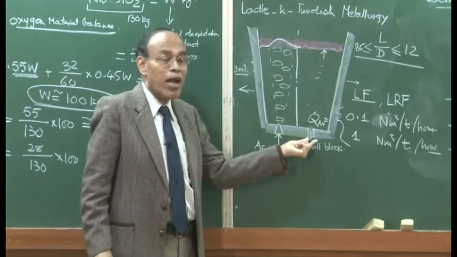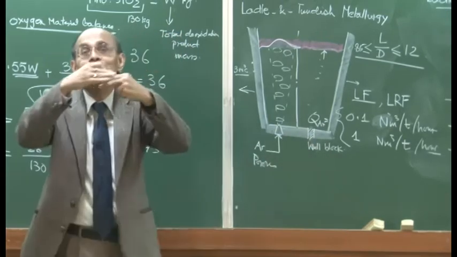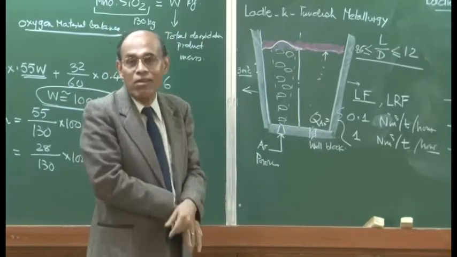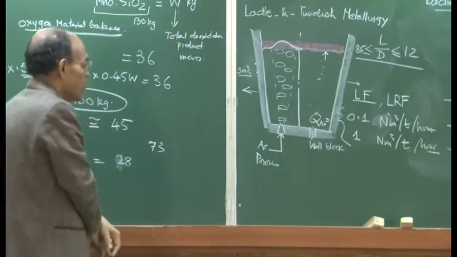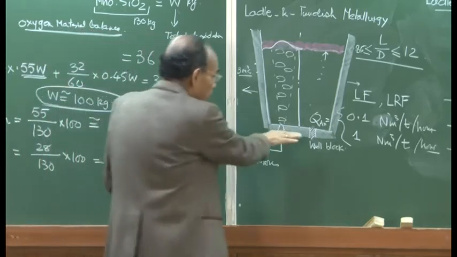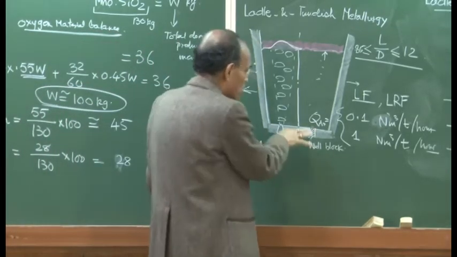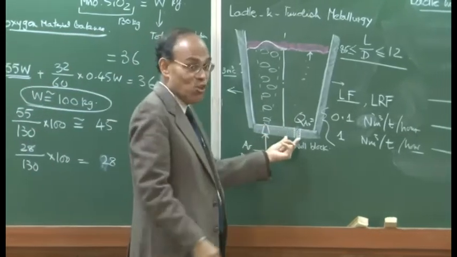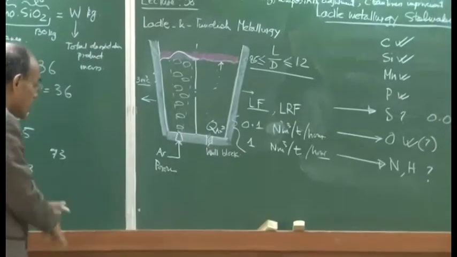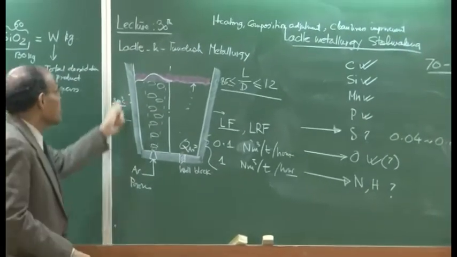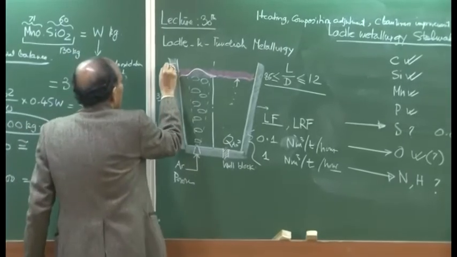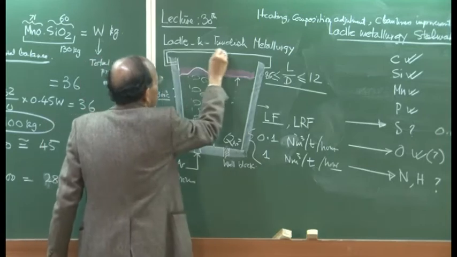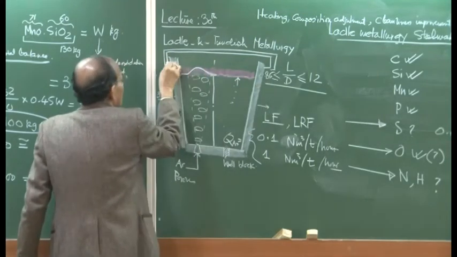Mostly today we have slide gate valves fitted at the bottom which can control the rate of liquid flow out of the ladle. But for 70-80 minutes we know that metal is not going to be drained, so let us not talk about it; we will come back to it later on. So, these are the constructional features, and a modern day ladle will also be equipped with a ladle cover. This is reasonably sealed, but not perfectly sealed.